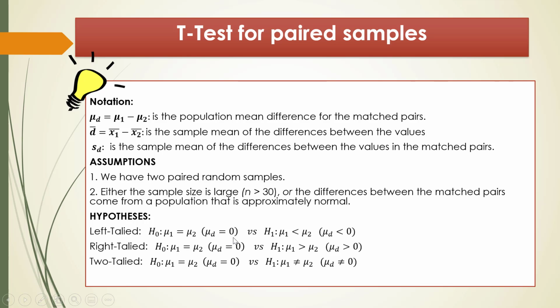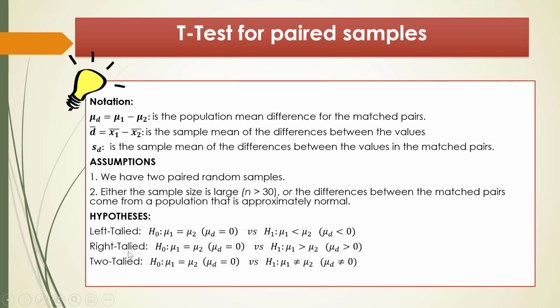That means there is no difference. If mu1 is less than mu2, we have mu d is less than 0. So from the 2 samples, we have modified the problem to become the one sample test. And we can use the t-test for the sample of the differences.